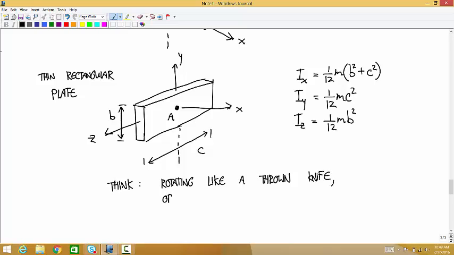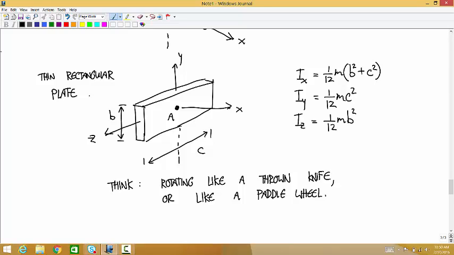Or like a paddle on a paddle wheel boat, you know. If it's rotating like a paddle, then you use the IY or IZ formula. If it's rotating like a blade being thrown through the air, then you use the IX formula. And notice that these reduce to the slender rod formula as that thickness B drops down to 0. So those agree with each other in some sense.